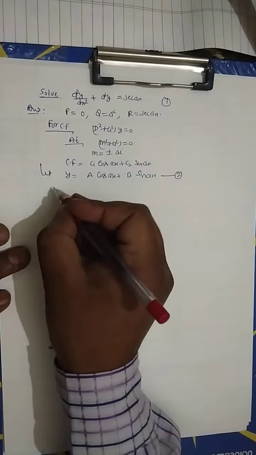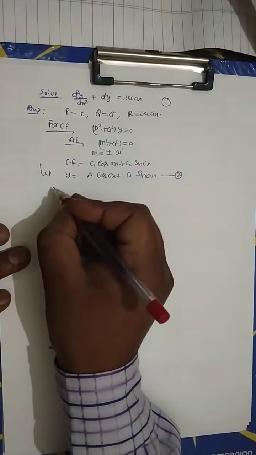Let u equal cos ax, v equal sin ax. u1 is equal to minus a sin ax, v1 is equal to a cos ax. uv1 minus u1v equal to a.